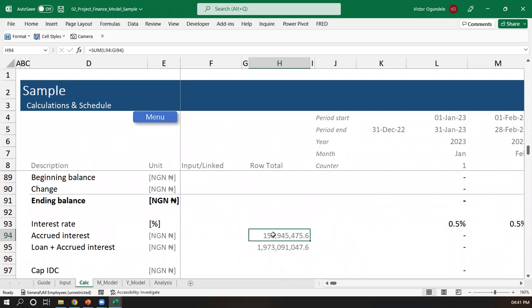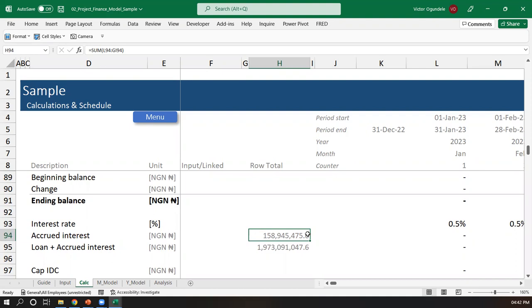We've accrued 158 million. So by the time they start paying, the interest accrued during that construction period, during that moratorium period, will be added to the initial total debt funding.